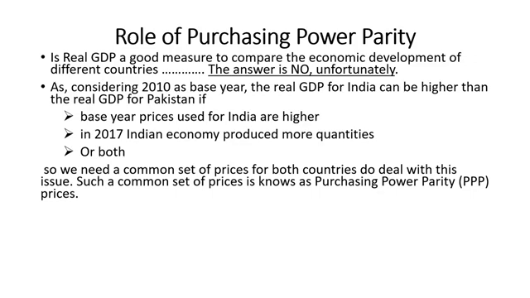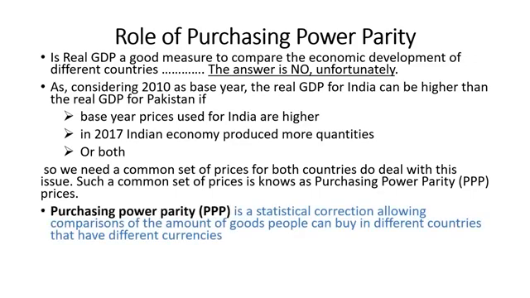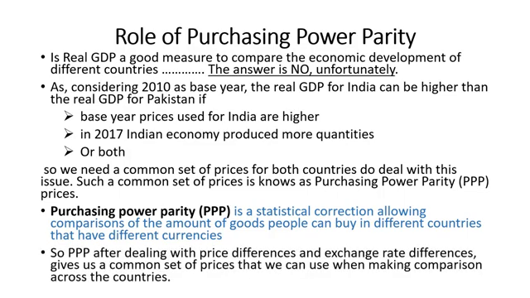PPP, or purchasing power parity, is a statistical correction allowing comparisons of the amount of goods people can buy in different countries that have different currencies. So PPP, after dealing with price differences and exchange rate differences, gives us a common set of prices that we can use when making comparisons across countries.